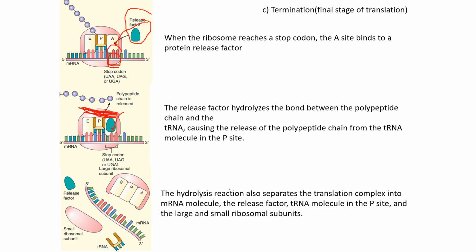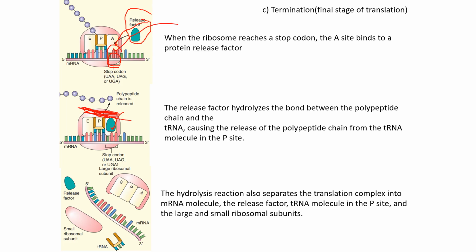The hydrolysis reaction also separates the translation complex into the mRNA molecule, the release factor, the tRNA molecule in the P site, and the large and small ribosomal subunits. Let me rephrase that. The release factor arrives at the A site.